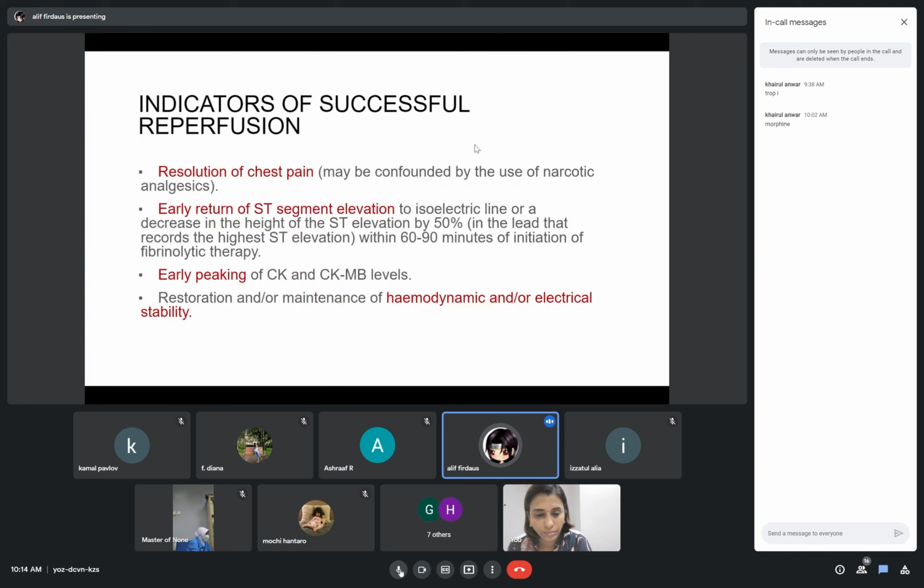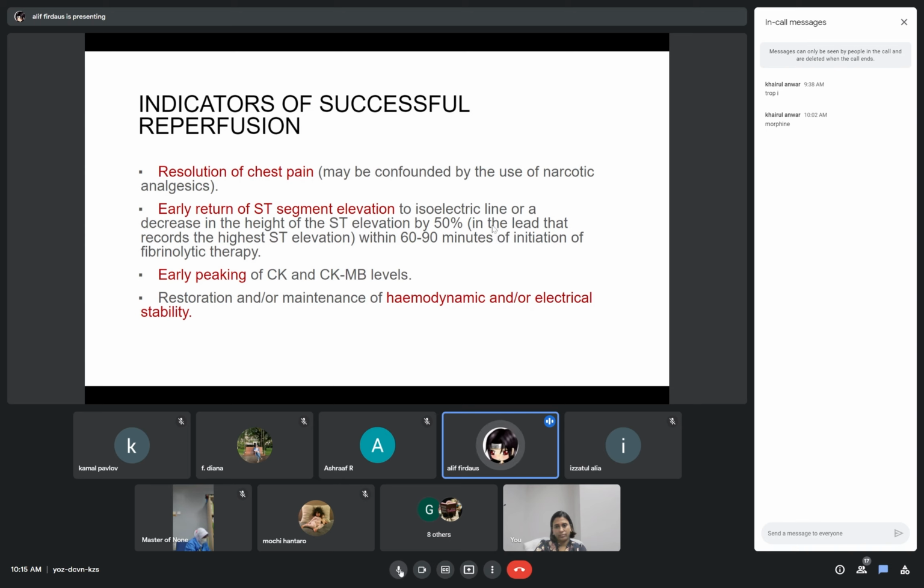The first thing is from the symptom. The chest pain is resolved. The chest pain is decreasing. And then from the ECG, we can see the early return of the ST segment elevation. The height of ST elevation is reduced by at least 50%.